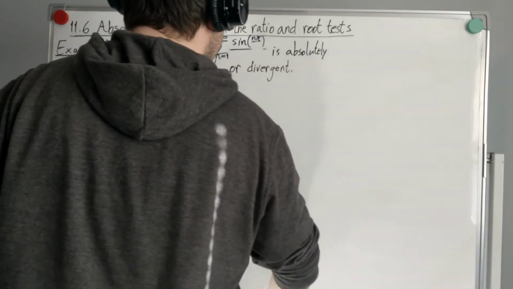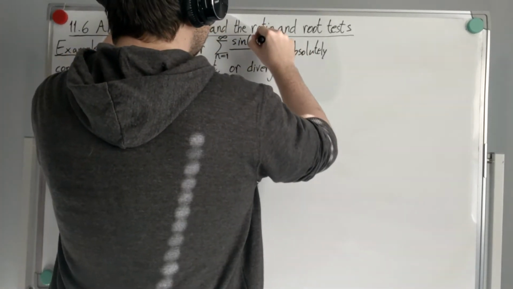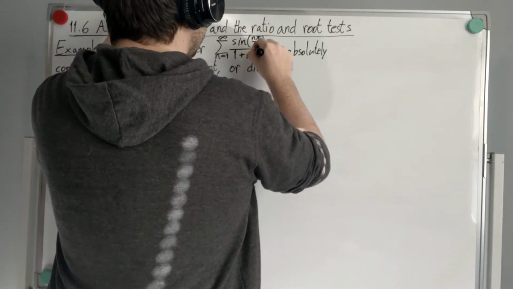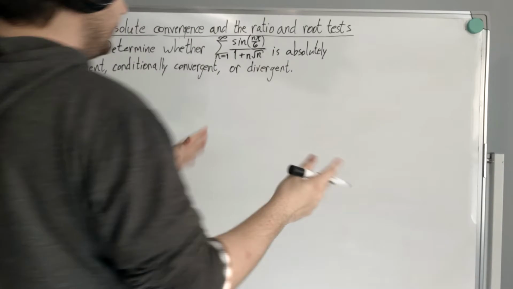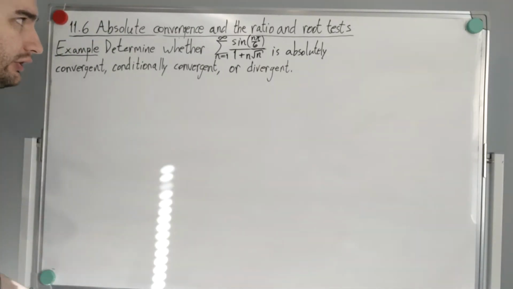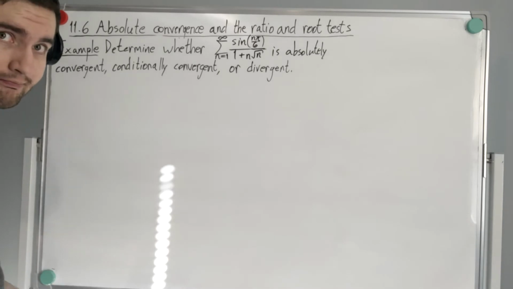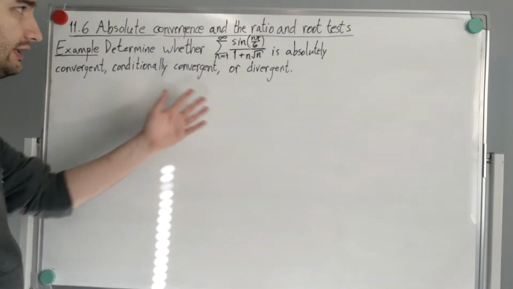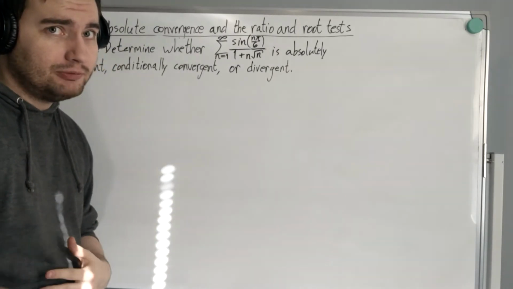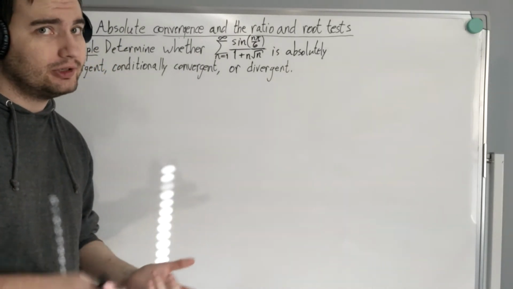So this is now n pi over 6 divided by 1 plus n root n. And once again, we're being asked to show whether it's absolutely convergent, or conditionally convergent, or divergent. And once again, this is weirder than an alternating series. Yes, some terms are positive and some terms are negative, but they're not going to alternate.